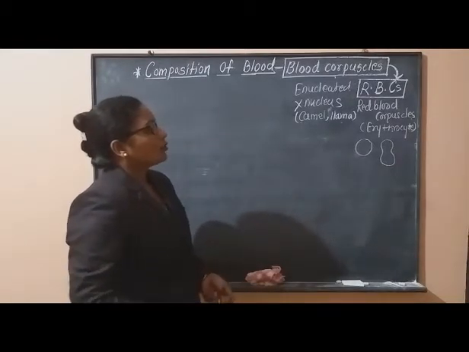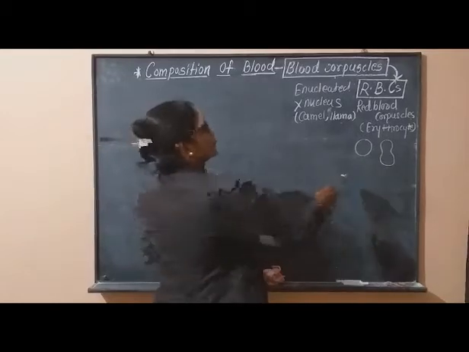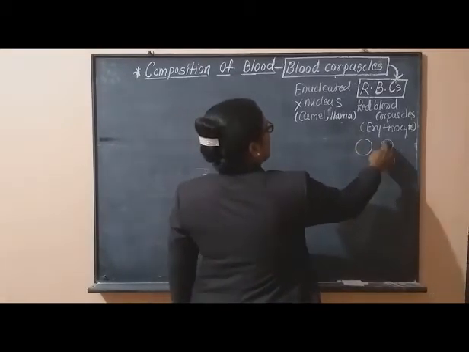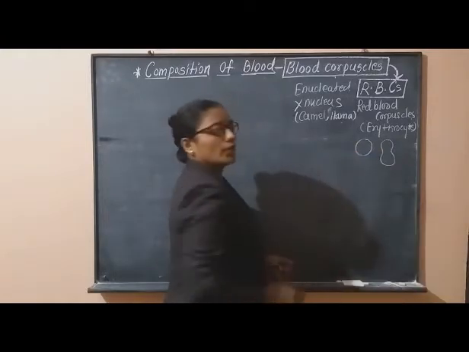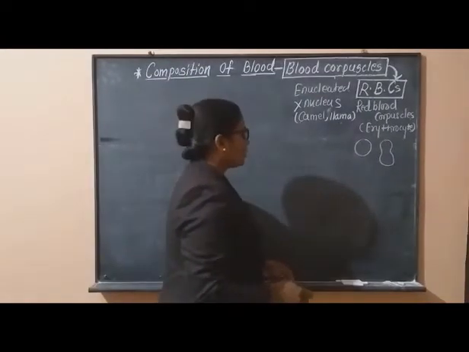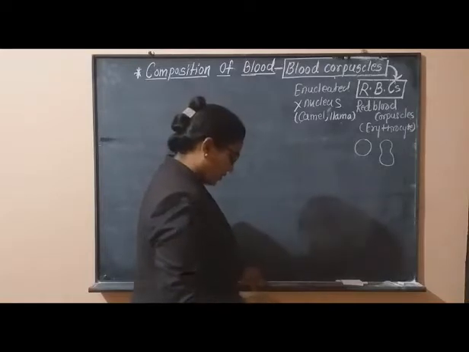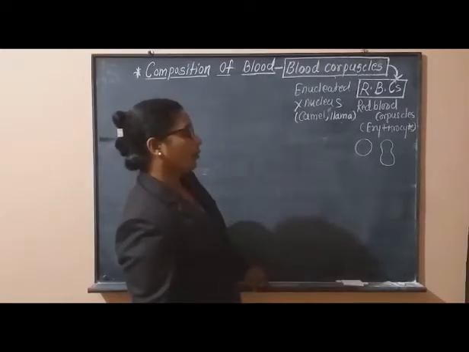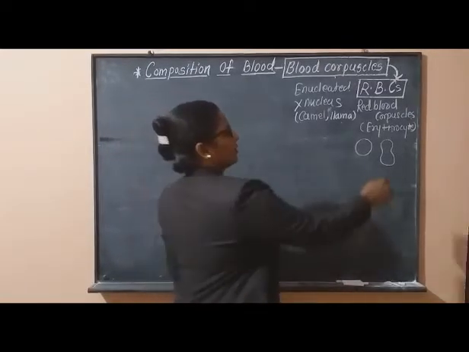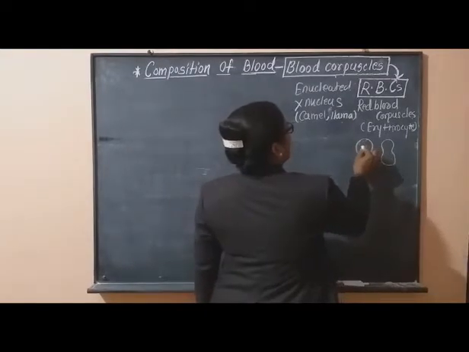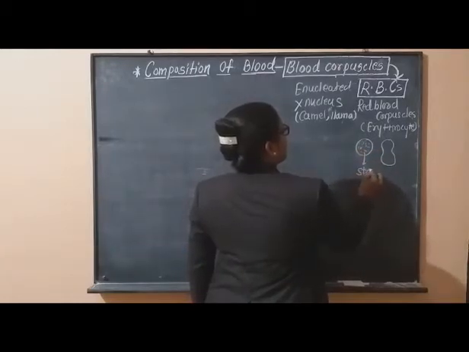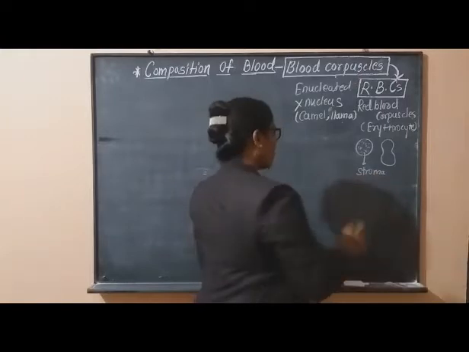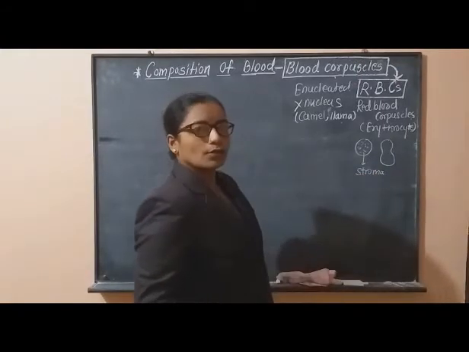Now in case of the RBCs, if you observe this circular, biconcave RBC, the nucleus is absent inside. The nucleus is present in the early development, but it is absent later, and there is presence of the cytoplasm. This cytoplasm consists of stroma. What is it called? It is called stroma.